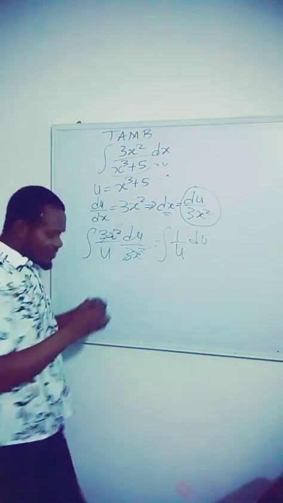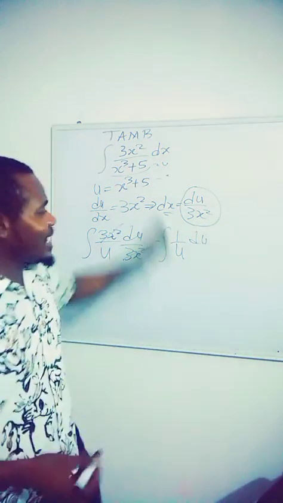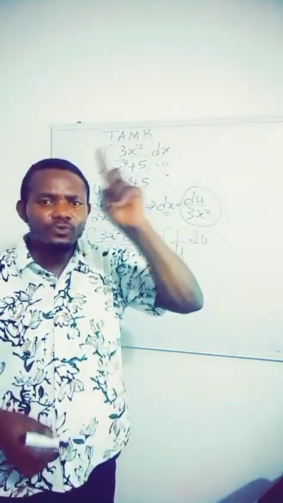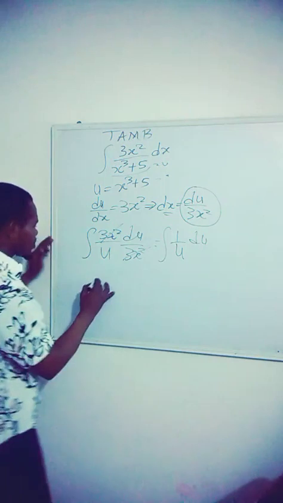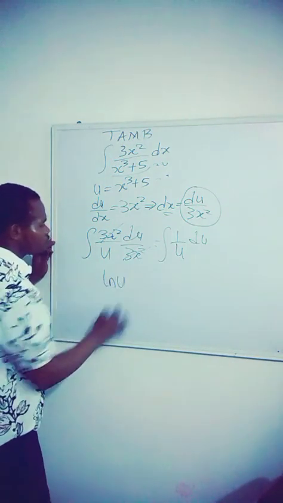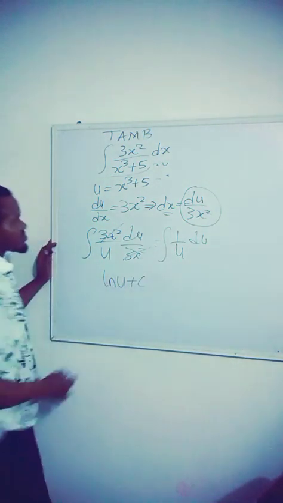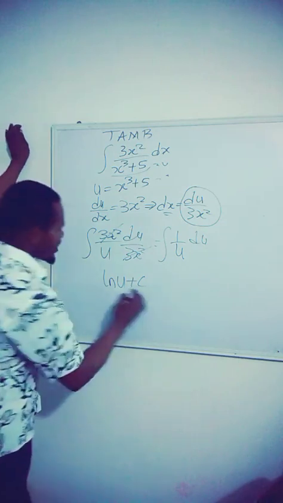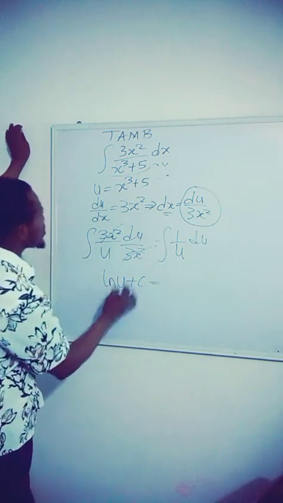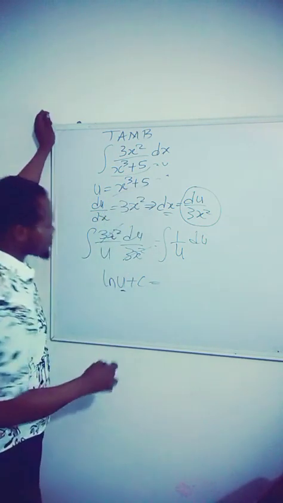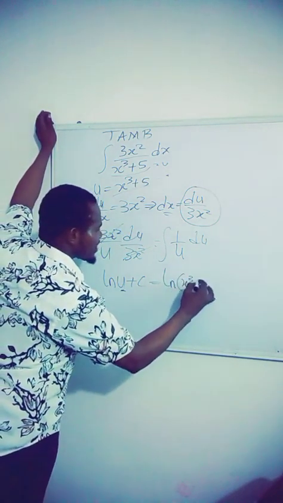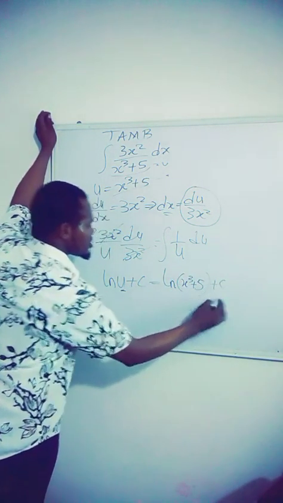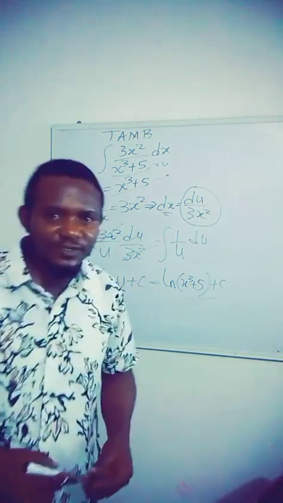And I told you, whenever you are integrating 1 over a single variable, it is ln of that variable. So this becomes ln u plus c. And don't forget that our u is s cubed plus 5. So ln of s cubed plus 5, plus c. So this is the final answer.